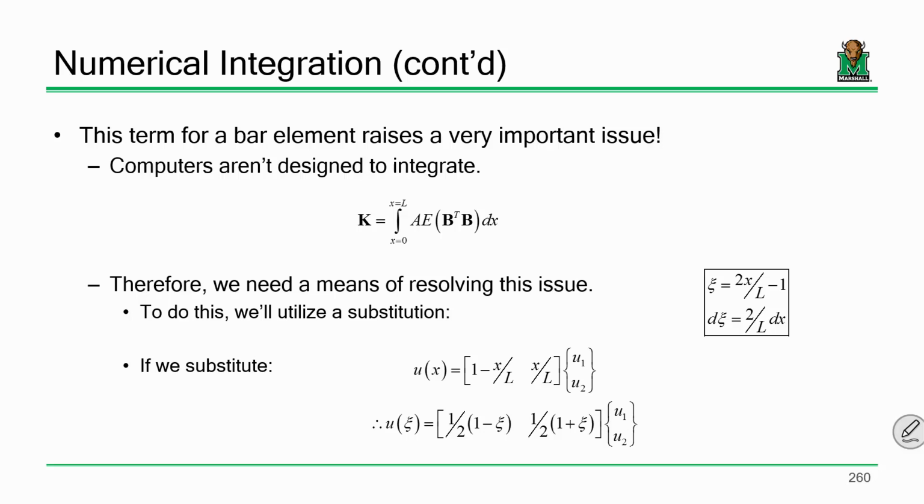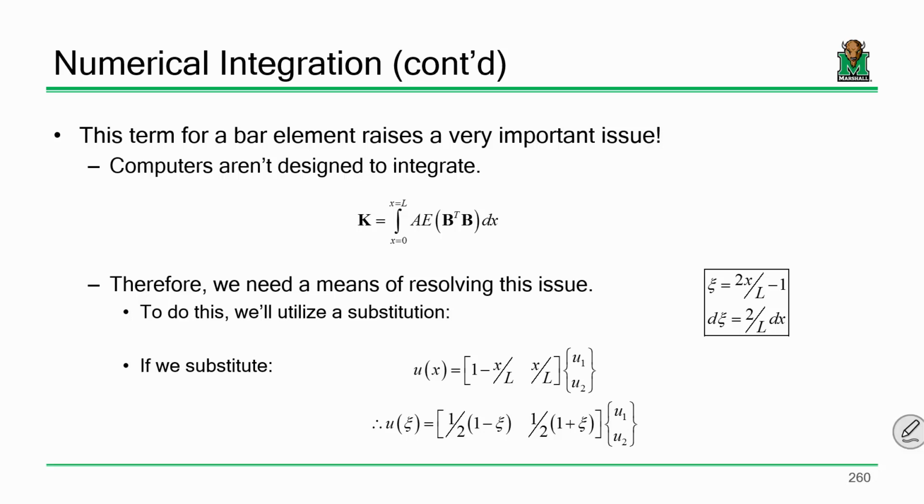Now, I'm going to do a little bit of a magic trick right now, and I'm going to make a substitution, and you're going to go, where in the heck did you come up with this substitution? You'll see why I'm doing this in a second, okay? So just bear with me. I'm going to come up with a new variable. Instead of making these shape functions functions of x, I'm going to make them functions of a new variable, xi.